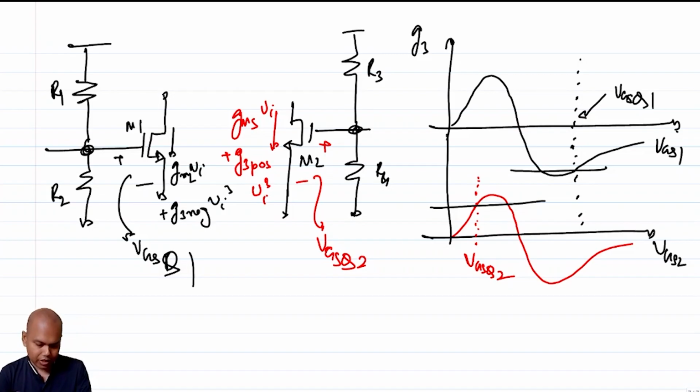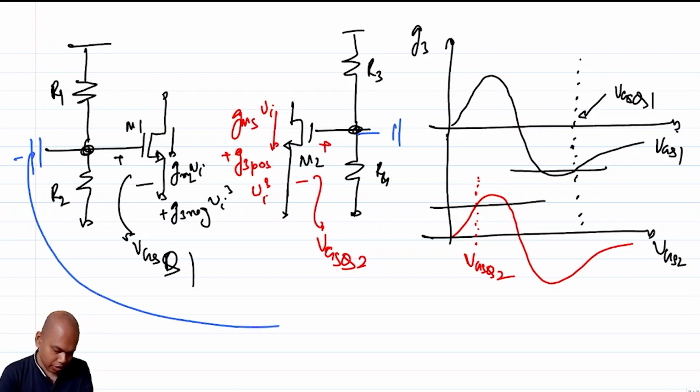If I ensure that both of them see the same VI, how can I do that? I can basically AC couple both their inputs together.